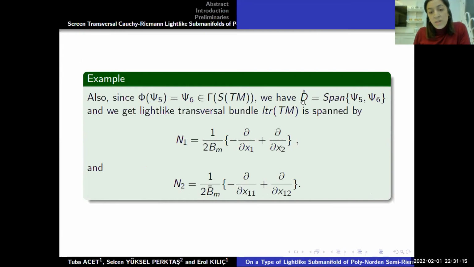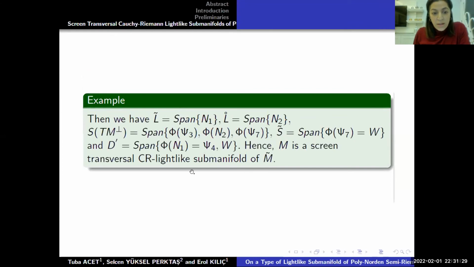So we have the ring spanned by psi5 and psi6, and the lightlike transversal bundle is spanned by N1 and N2. Also, for other parts of the submanifold and the complementary distributions and vector subbundles, we have these equations. So L tilde, L ring, and S(TM) perp, S tilde, and D prime can be given in these equations. So M is a screen transversal CR lightlike submanifold of M tilde.